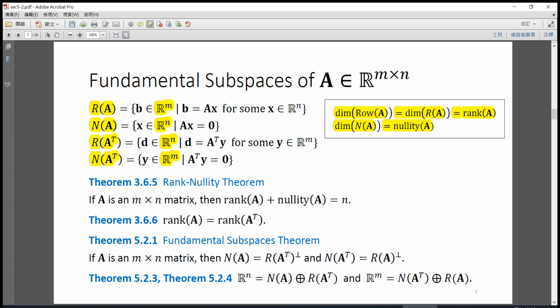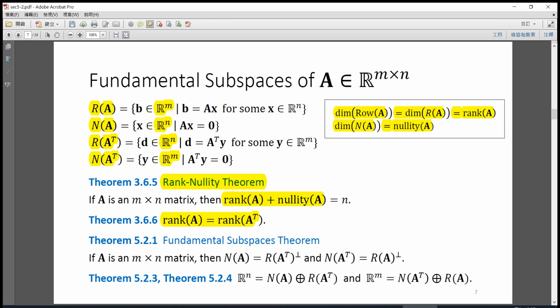The rank nullity theorem in section 3.6 states that rank A plus nullity A equals n, where n is the number of column vectors. We also have rank A equals rank A transpose, which means the dimension of the row space equals the dimension of the column space.